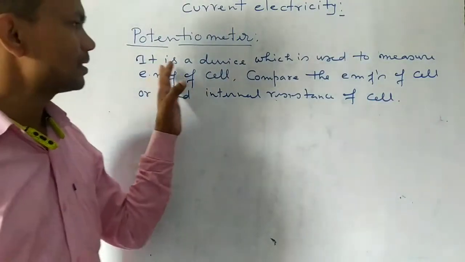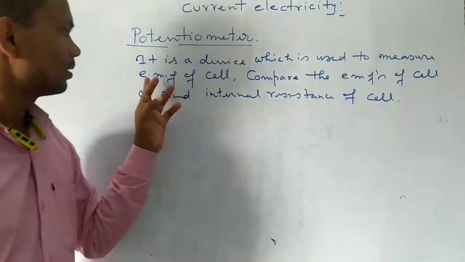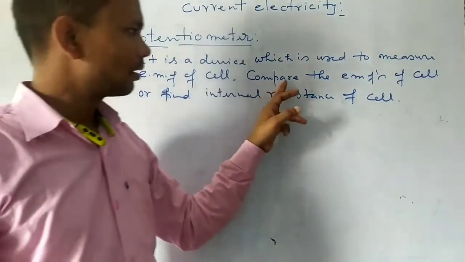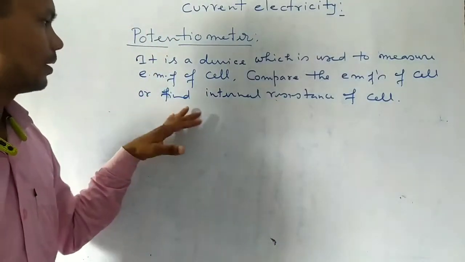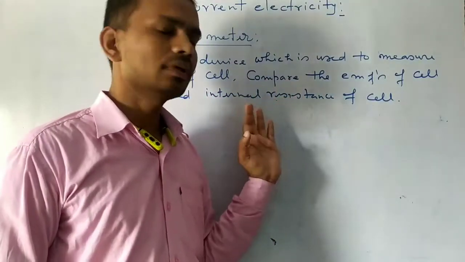So it means it is a device which is used to measure EMF of a cell, compare the EMF of the cells, and to find internal resistance of a cell.